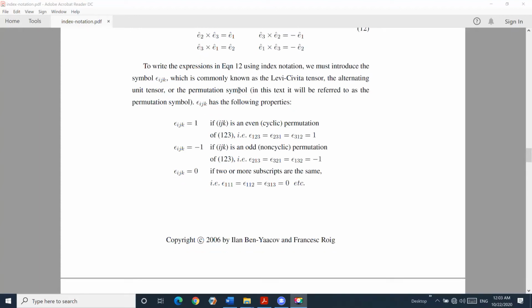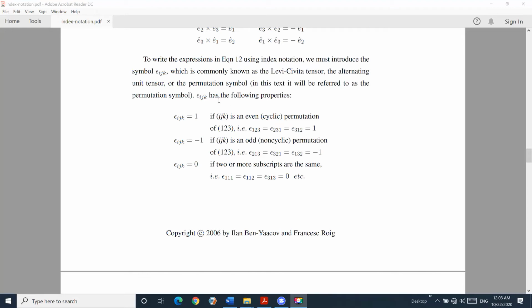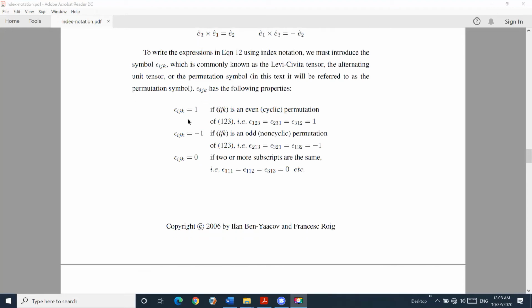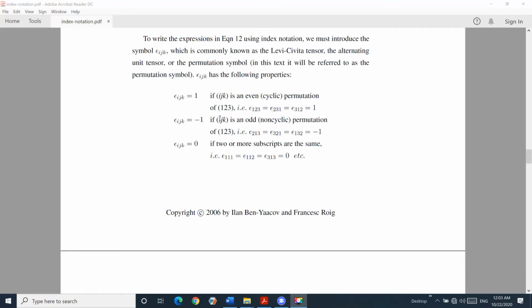We can call it by three names. It has the following properties: if ijk is an even cyclic permutation, 1 2 3, 2 3 1, 3 1 2, this cyclic order gives 1 as a result.